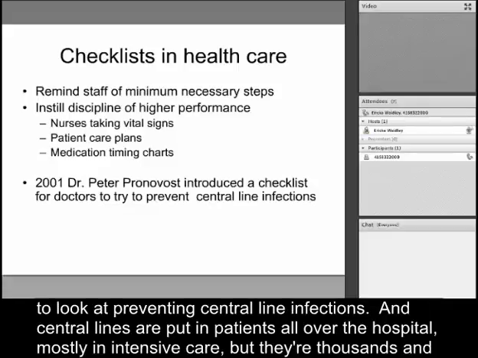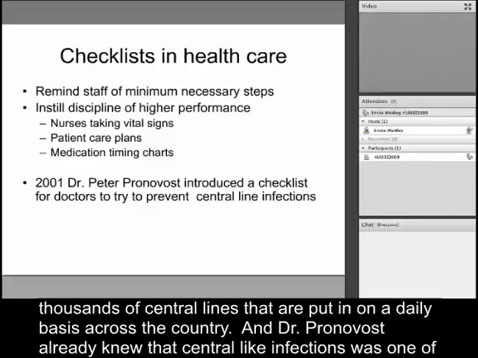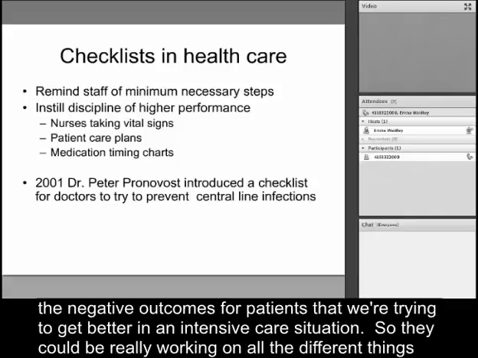Central lines are put in patients all over the hospital, mostly in intensive care, but there are thousands and thousands of central lines put in on a daily basis across the country. And Dr. Pronovost already knew that central line infections were one of the negative outcomes for patients who were trying to get better in an intensive care situation.